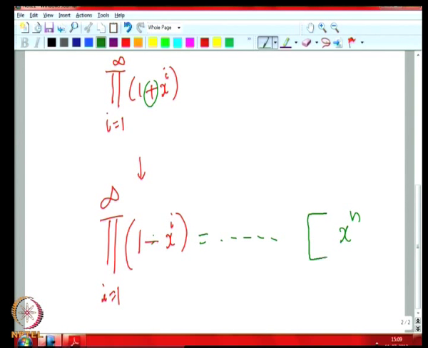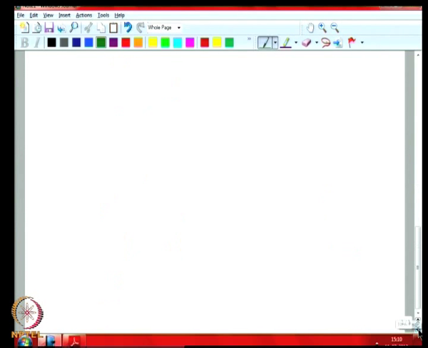What is contributing to x raised to n is the partitions of n where each part is unequal, because from 1 minus x raised to 1, it will either take an x or not take an x, but with a negative sign this time.